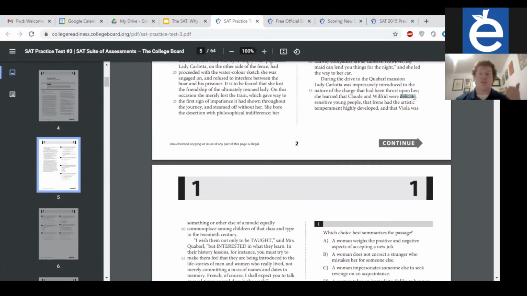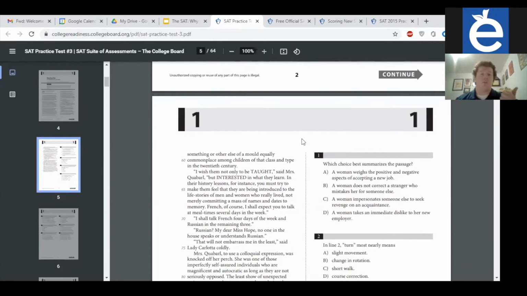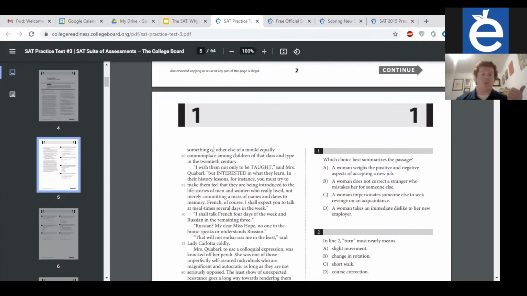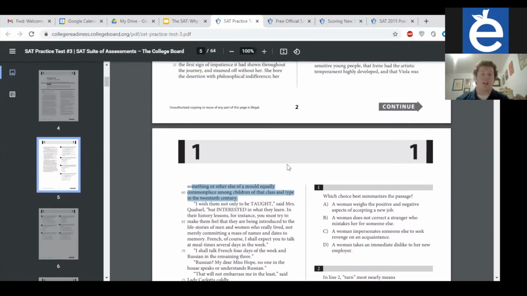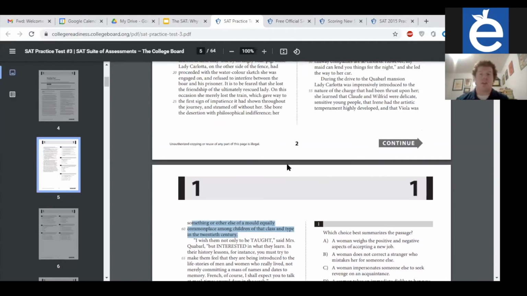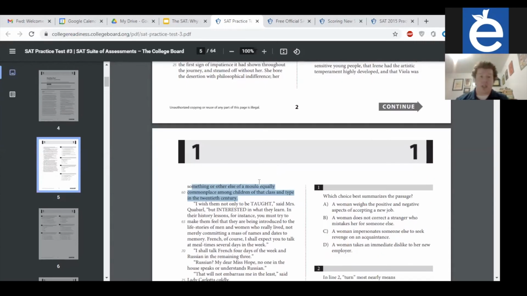Claude and Wilfred, delicate, sensitive. Irene, artistic. Viola, something or other else of a mold equally commonplace among children of that class and type in the 20th century. That is a very complicated statement, but if we break it down, something or other else of a mold.